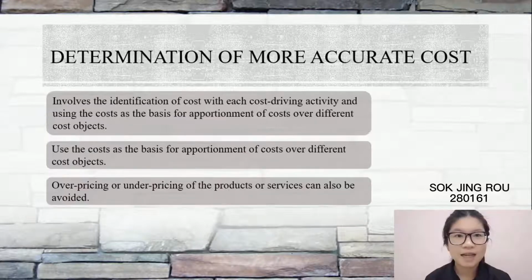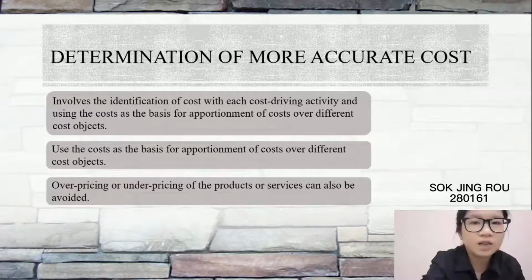Next is determination of more accurate cost. Activity-based costing system is an accounting methodology that assigns the cost to the activities rather than the products or services based on the use of resource. Since activity-based costing system is a cost estimation tool in the business, the resource and overhead costs can be more accurately assigned to the products and costs that utilize them.